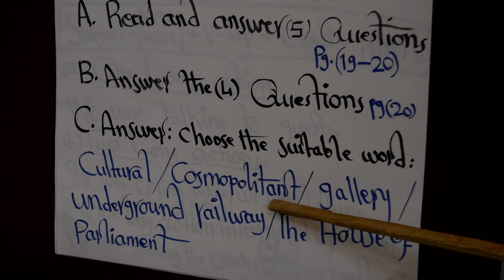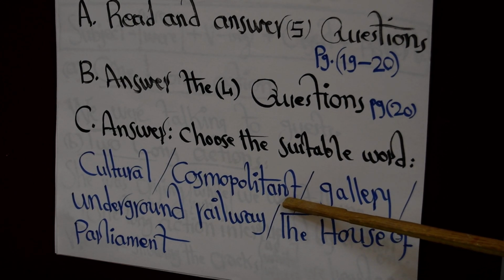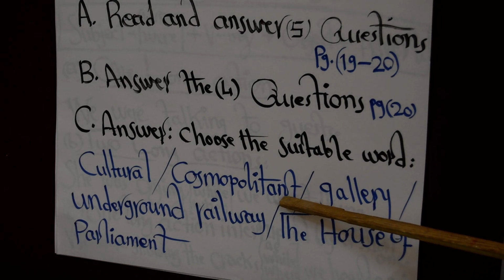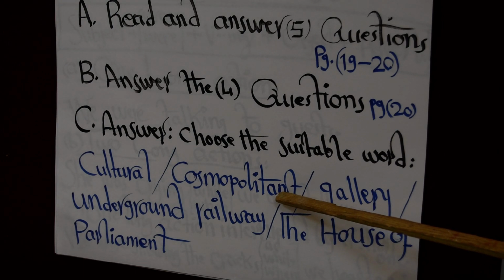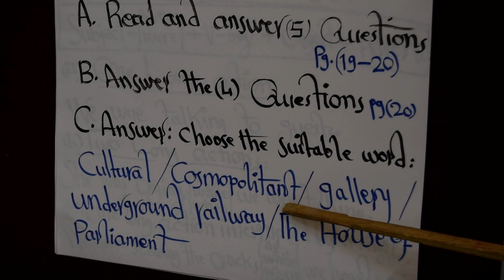We call that kind of city cosmopolitan. For example, I can say Khartoum is a cosmopolitan city because there are a lot of races, people from different origins, countries, cultures and nationalities. That's the meaning of cosmopolitan.